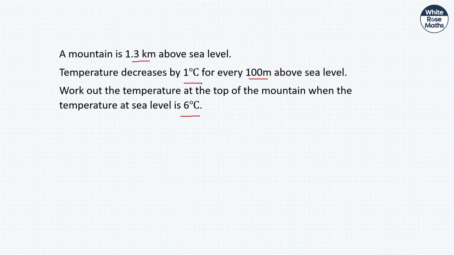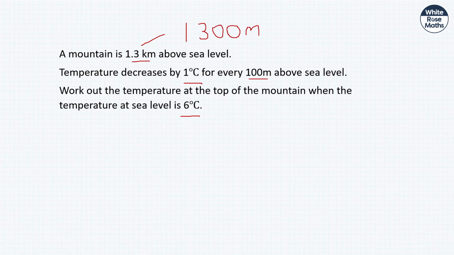So first of all, let's just convert this into meters by times it by 1,000. So that'll be 1,300 meters. Okay, so it decreases by 1 for every 100 meters above the sea level.